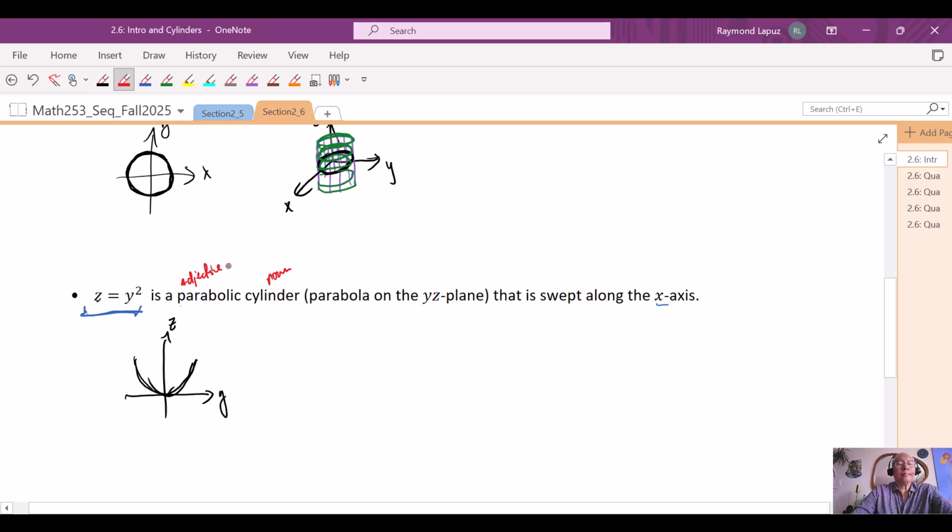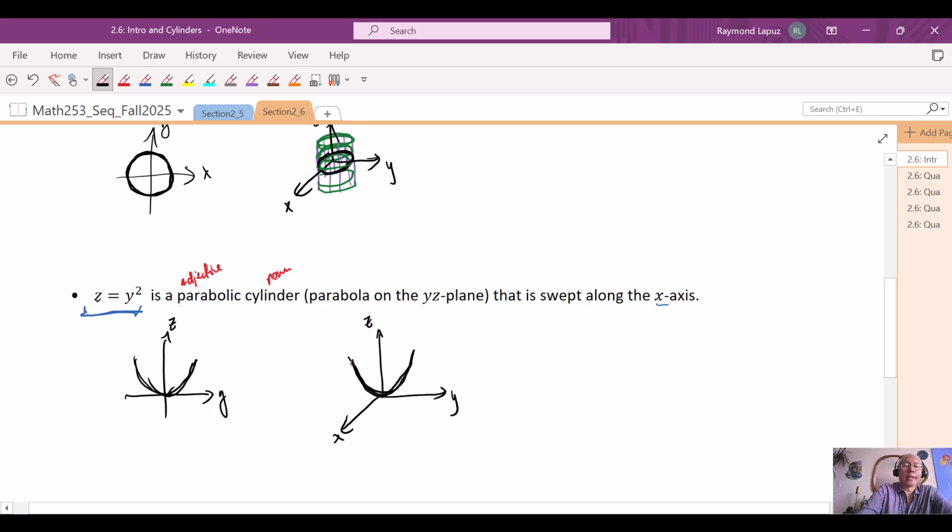Now, if I were to draw this in 3D, I would have my x, y, z space, and then I would draw a parabola on the yz plane. This is looking at it directly ahead, so I would draw that as a regular parabola.